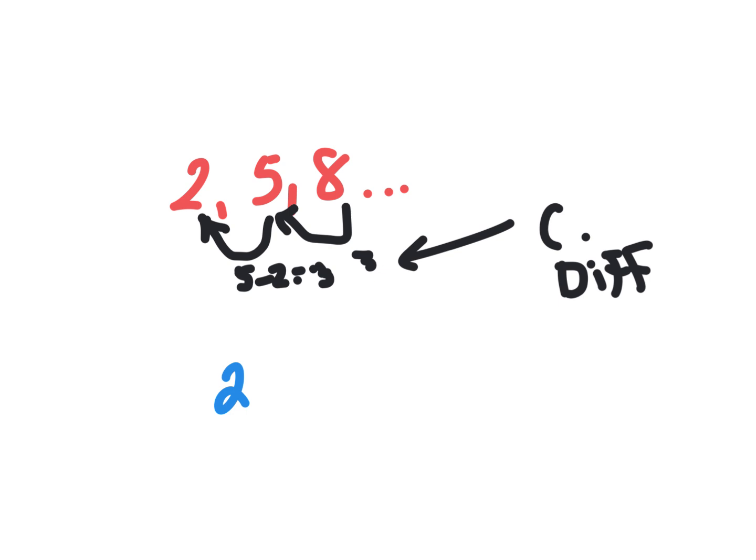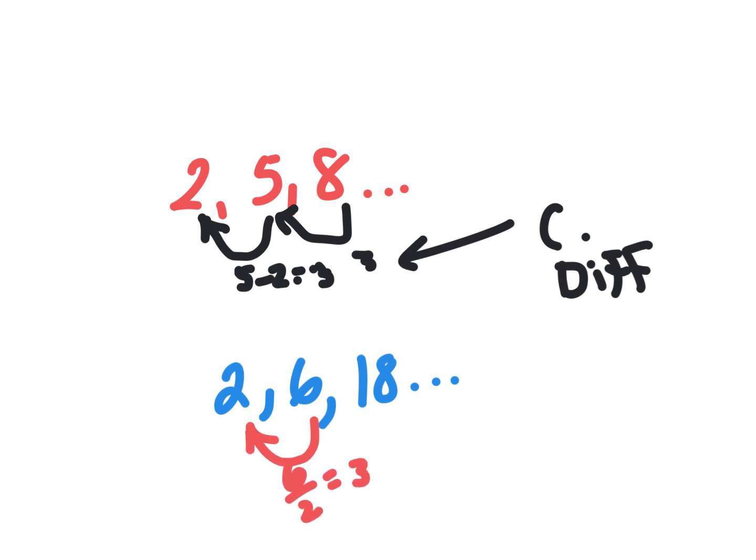Versus 2 multiplied by 3 is 6, multiplied by 3 is 18, and so on. When I divide 6 divided by 2, and I get 3, that has a 3 also, but that's called a common ratio because you divide them like that. So that's the difference between a common difference and a common ratio. Any other questions?